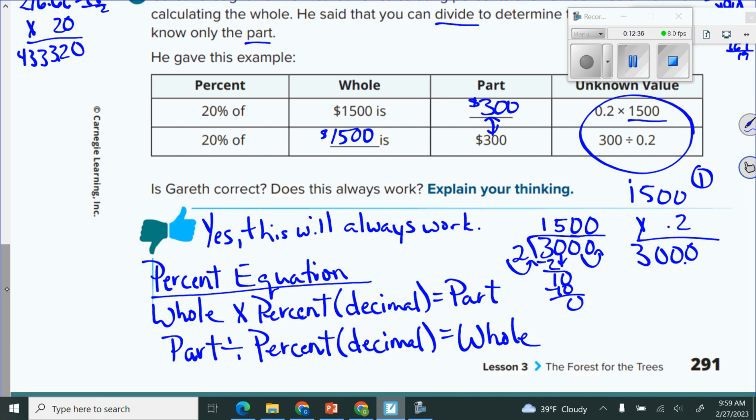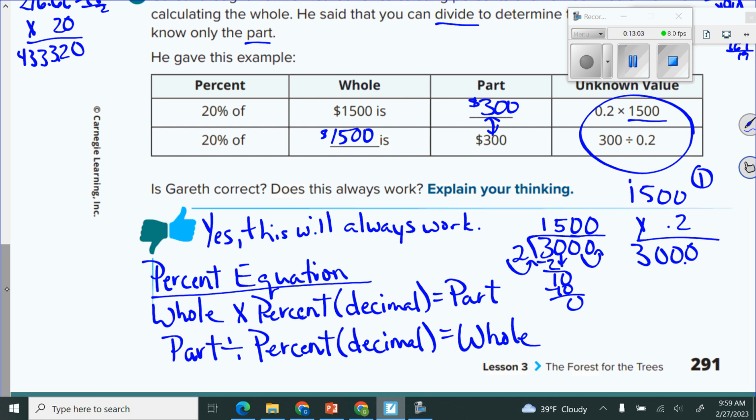Okay, I'll be honest with you, given a lot of the numbers they've given us in these problems, percent equation will probably work better for you on your homework. I still prefer the percent proportion. It will still give you all of the numbers you need, and you'll still know if you need to divide. But especially what I've seen today, a lot of you are not comfortable enough with the proportion yet to be able to do it with reliability.